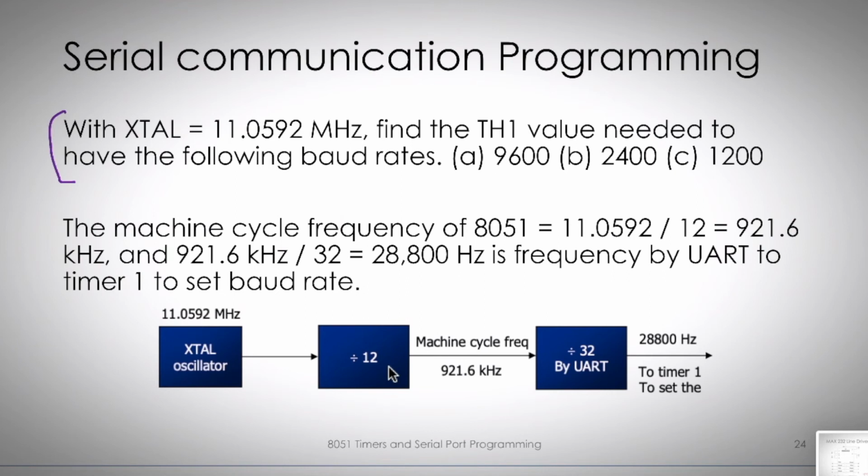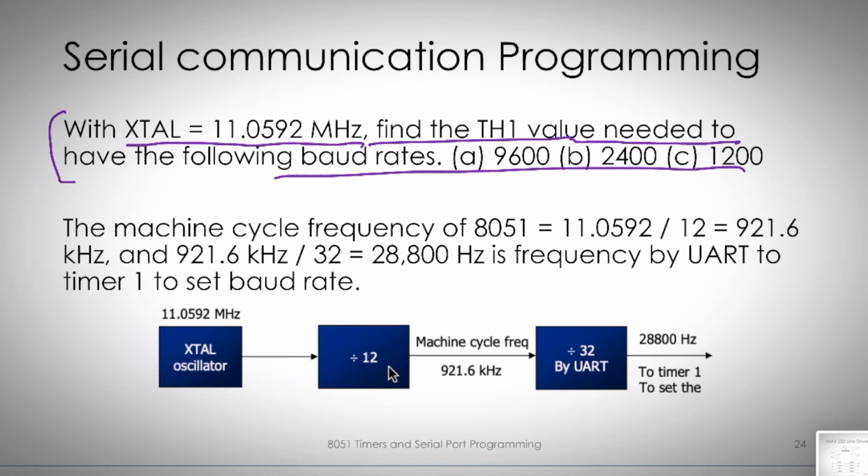This example says: if the crystal frequency is 11.0592 megahertz, find the TH1 value needed to generate the following baud rates. There are 3 baud rates given.